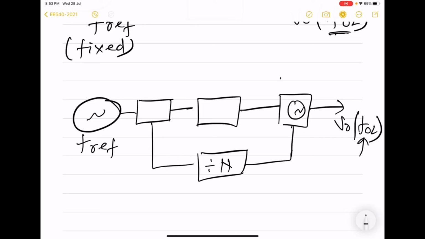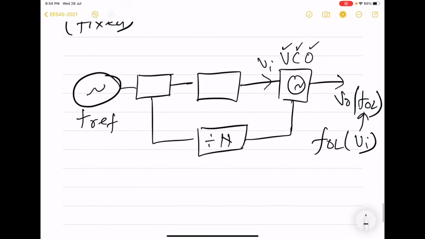But then this oscillator is called voltage control oscillator. That means oscillator which will be controlled by input, and this input voltage is here. So what will happen is that it will produce this output which will be dependent upon this input voltage. And in this circuit, what actually gets implemented is that this output will always be n times the reference frequency.